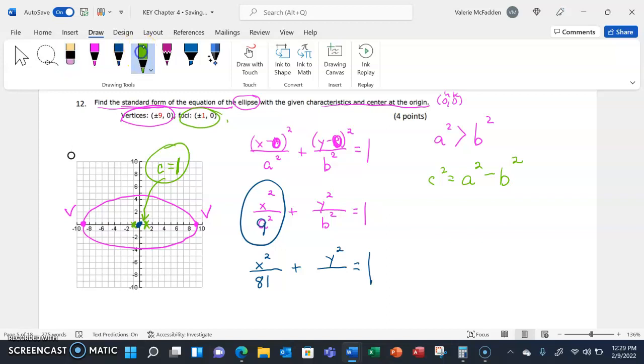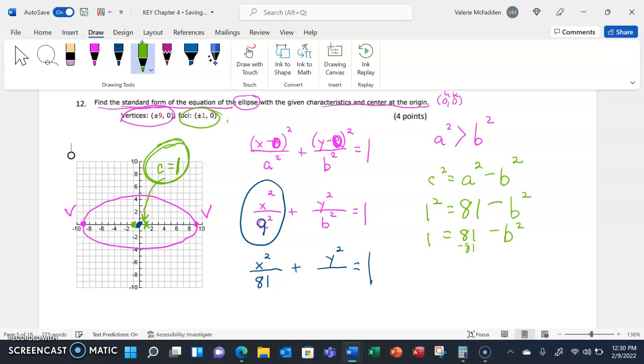So we know a squared is 81, minus, we don't know what b squared is, but we do know little c. Little c is 1. So where we have c squared, we're going to put 1 squared, which is 1. So we have 1 equals 81 minus b squared.